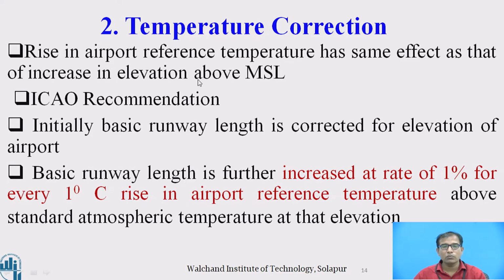That is the reason we increase the length after the elevation correction. Again, what correction are we going to apply? Whatever length was considered after the elevation correction, in the previous case 614 meters, we are going to further increase it at a rate of 1% for every 1 degree rise in the airport reference temperature.